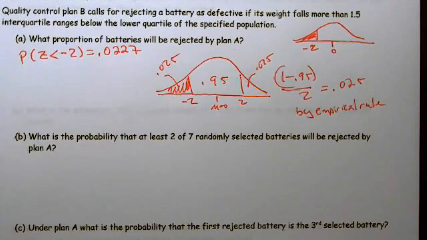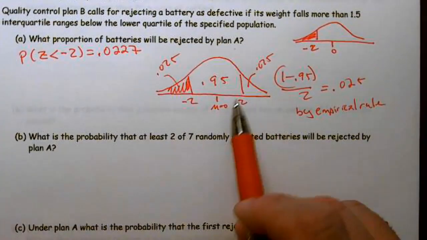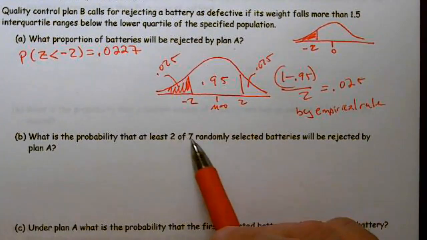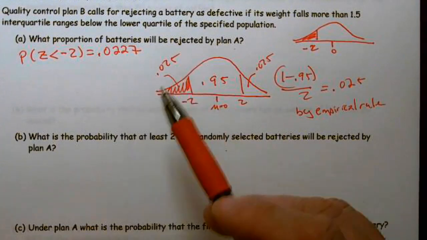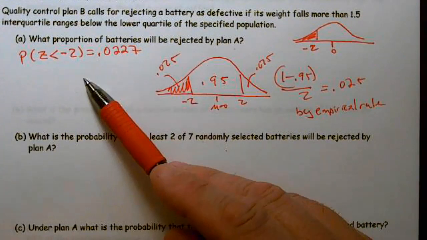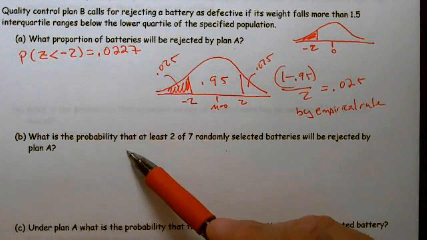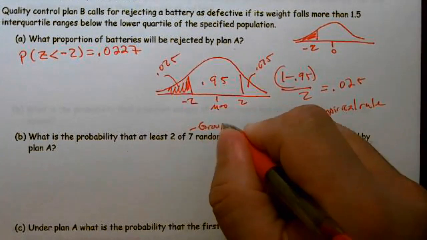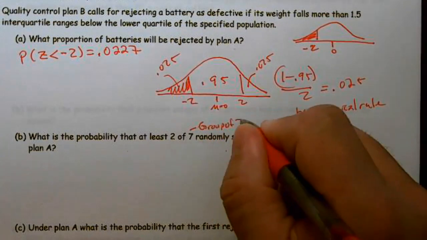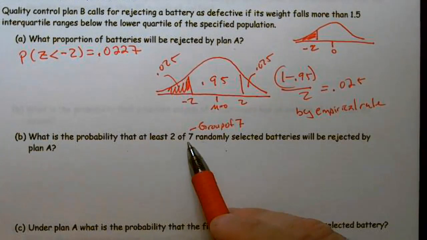Then it says, what is the probability that at least 2 of 7 randomly selected batteries will be rejected by plan A? A lot of times they're going to use what you've done in part A to answer part B. So now we have a group of 7. And it says at least 2.